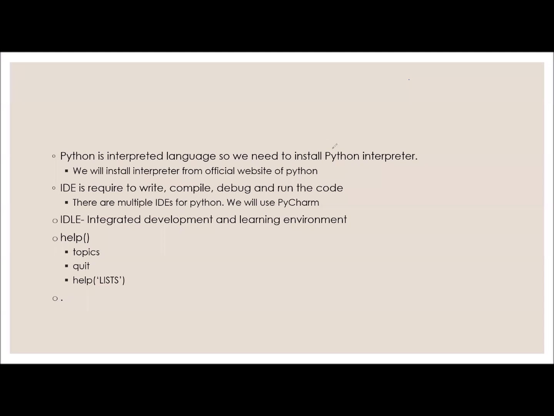So already we discussed Python is an interpreted language. So first we have to install the Python interpreter, which can be installed officially from the Python website only. Now you are seeing two terms here, IDE and IDLE. We already discussed in Arduino what an IDE is, Integrated Development Environment. Here in the IDE, we can write the Python code and compile it. What is compiling?